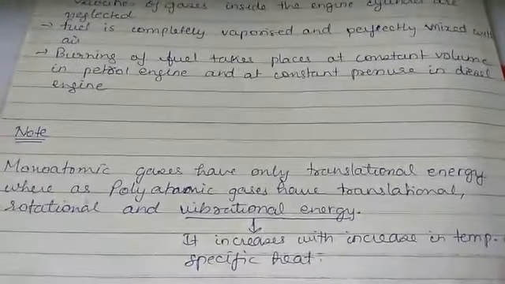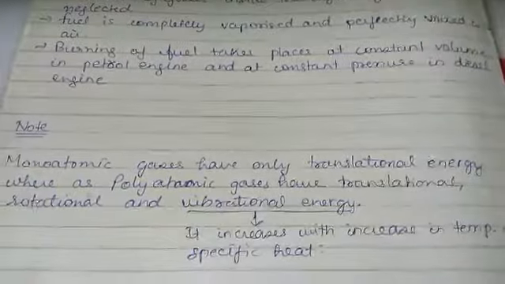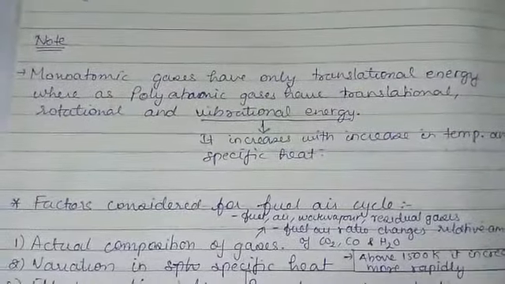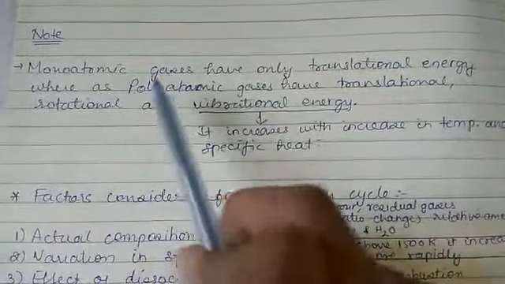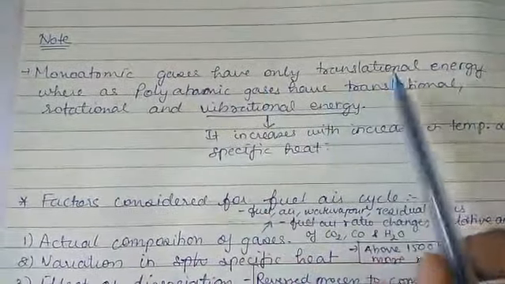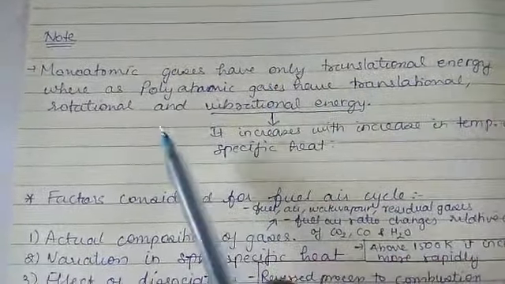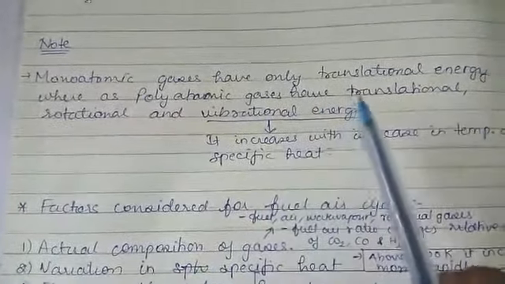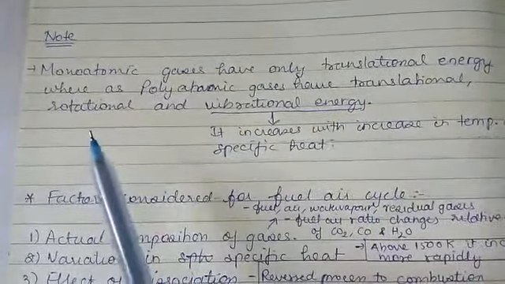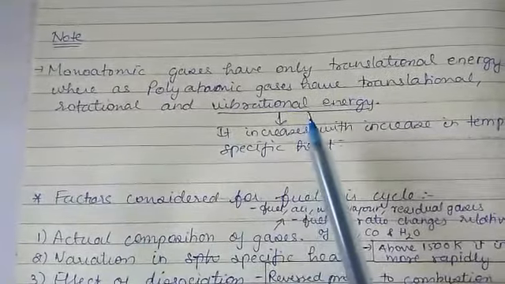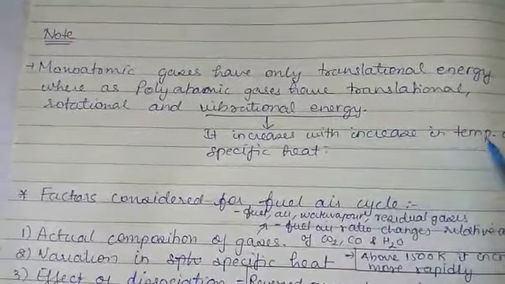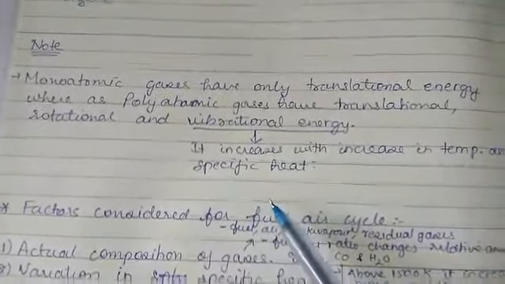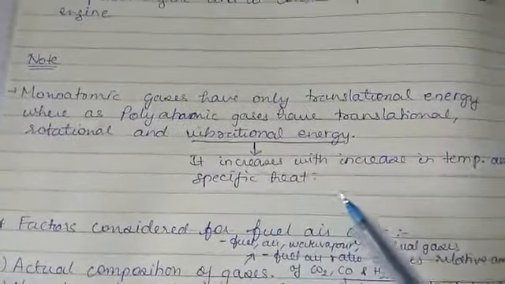Now, some notes we have to take into consideration. Monoatomic gases have only translational energy, whereas polyatomic gases have translational energy, rotational energy and vibrational energy. Vibrational energy increases with increasing temperature and specific heat.